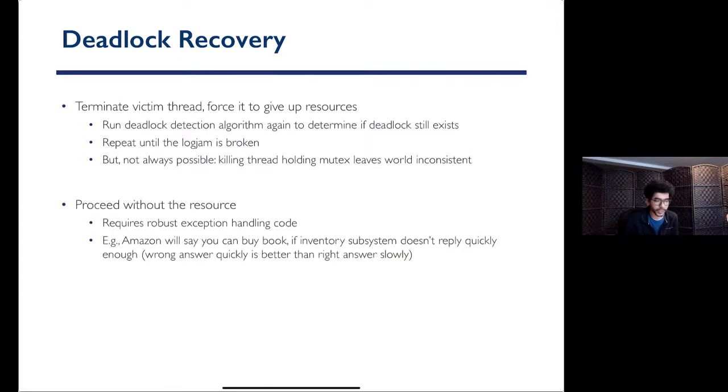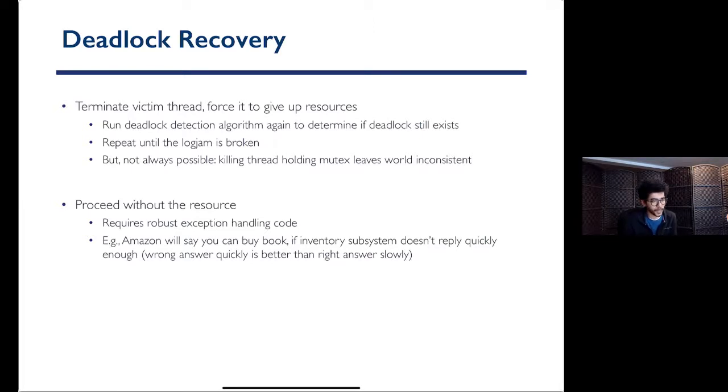Okay, so what is the second option? The second option is to proceed without the resource. What does this mean? It basically means putting some extra work on the programmer to think about scenarios where your request cannot be satisfied. And this actually is a popular option in the systems that you interact with on a daily basis.